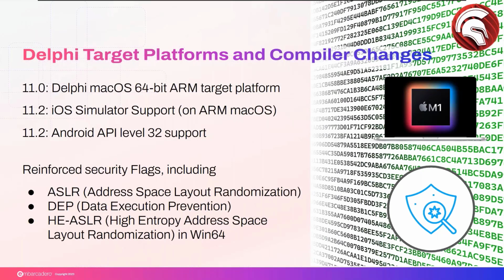And also in 11.2 was included the new API level 32. And the reinforced security flags included in the 11 series, like address space layout randomization, data execution prevention, and high entropy address space layout randomization in Windows 64.